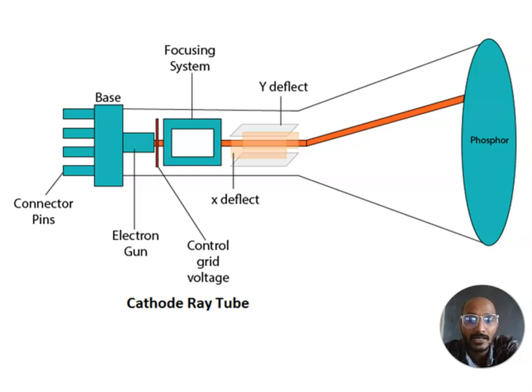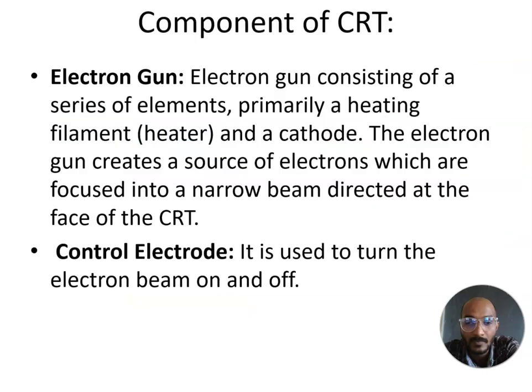We connect this system by connector pins, and after that there is a base where the electron gun is connected. The main thing is that the electron gun fires the electrons at a very high speed.